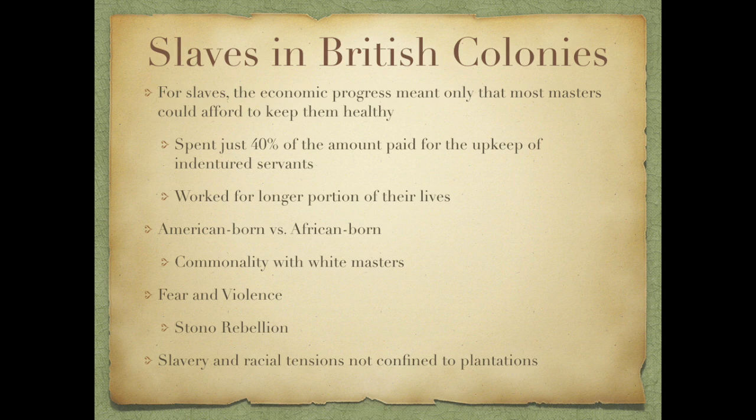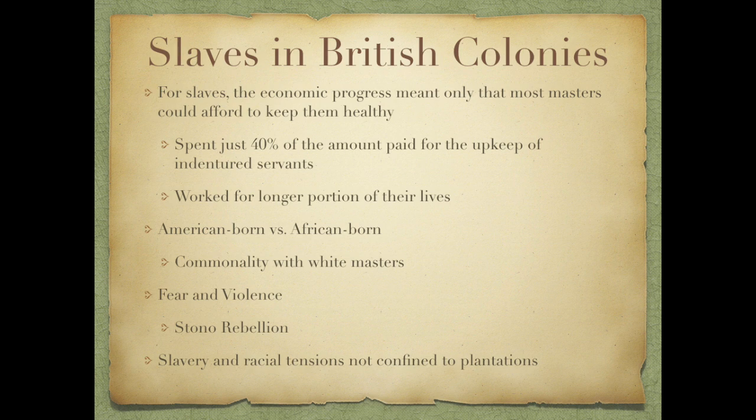However, both African-born and American-born slaves proved to be resourceful at maximizing their opportunities. For example, those that worked in the house would often demand tips from visitors or gifts at holidays and things like that.